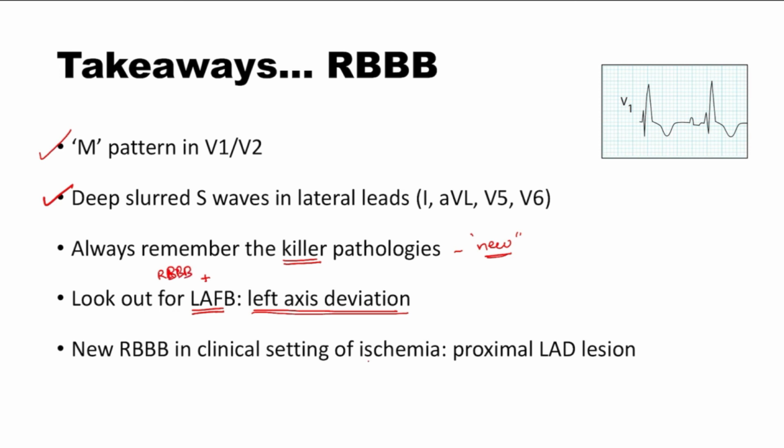So always look at the axis as well. Now, in this clinical setting of ischemia, a new RBBB should prompt you to diagnose a proximal LAD lesion, and these patients should be expedited for primary PCI because they are at very high risk of decompensation if they stay in the ED for long.